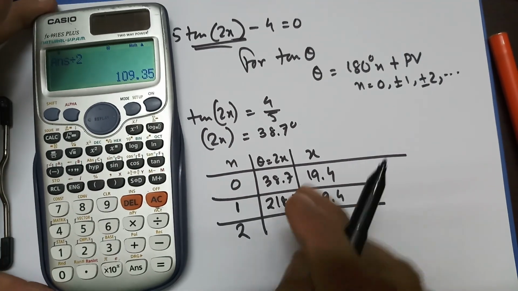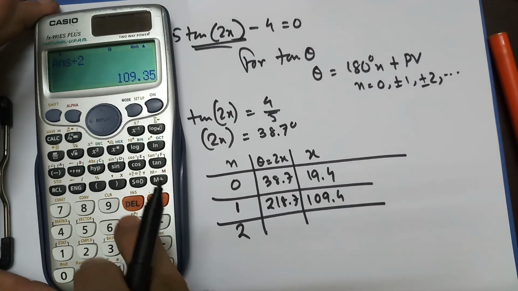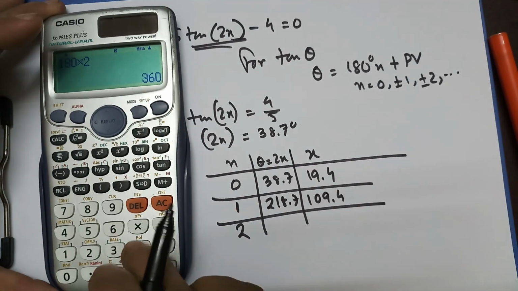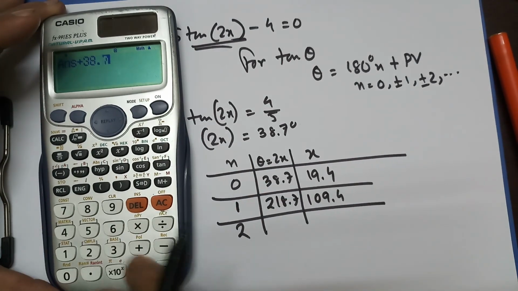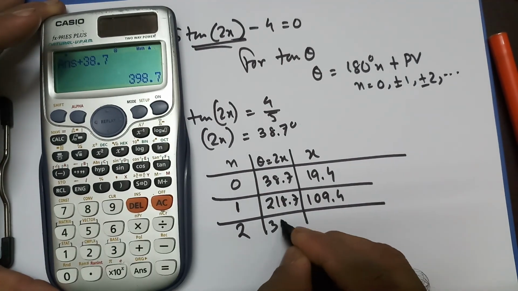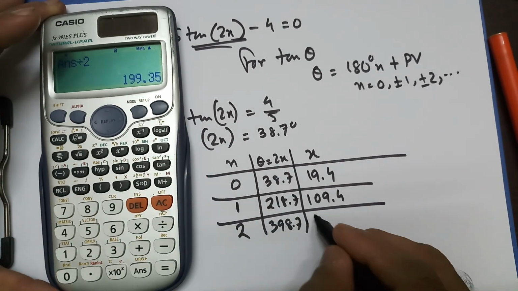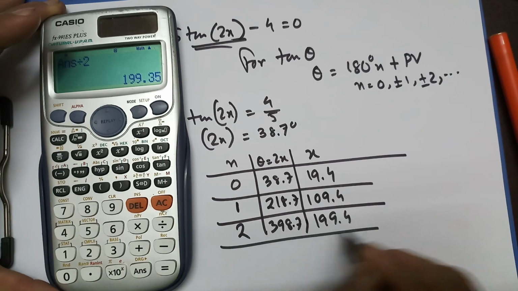When n is 2, 180 times 2 is 360, plus the primary value 38.7, that's 398.7, divided by 2, I'm getting 199.4.